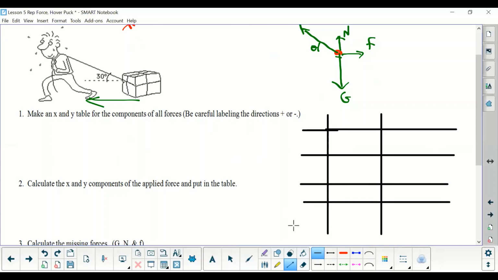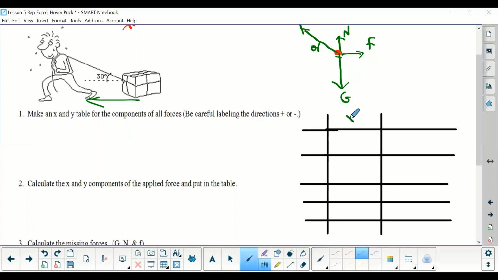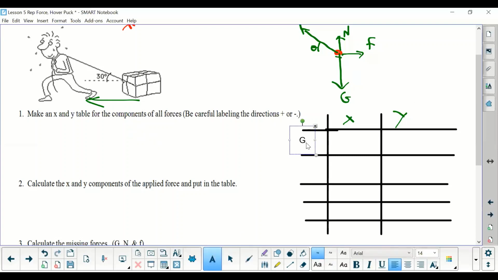And then I'm going to need one at the bottom for the net force. More here. There we go. Okay. So I'm going to start filling in X's and Y's. And I'm just going to list out the forces that I have. So I have gravity. I have the normal force.